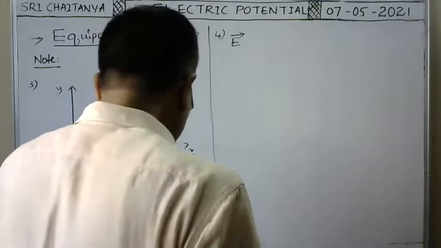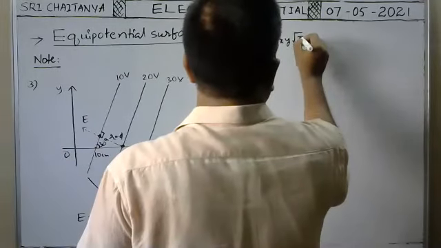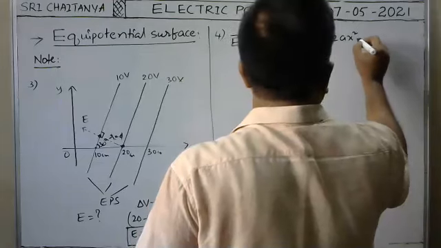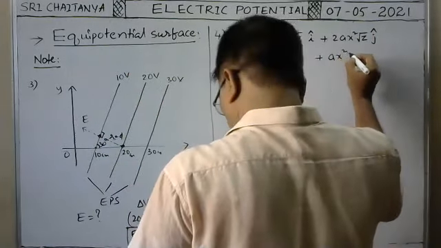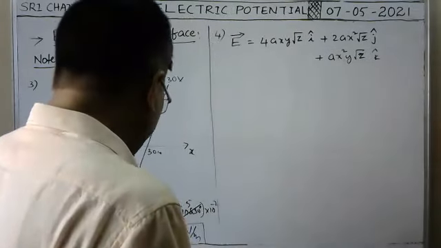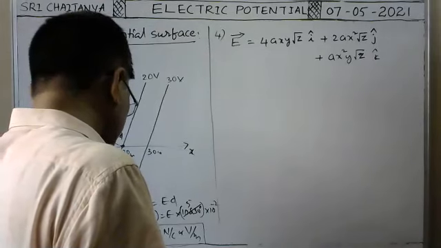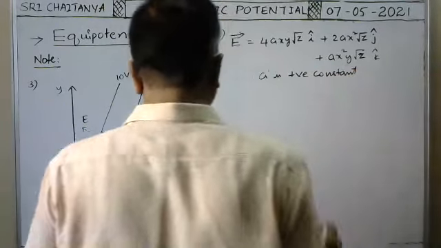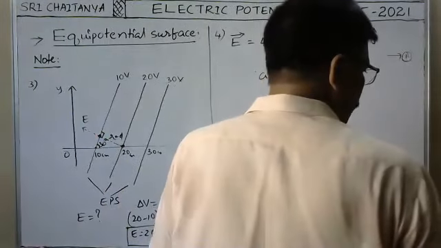The electric field in the region is given by E bar is equal to 4AXY root Z into I cap, plus 2AX square root Z J cap, plus AX square Y root Z K cap, where A is positive constant.